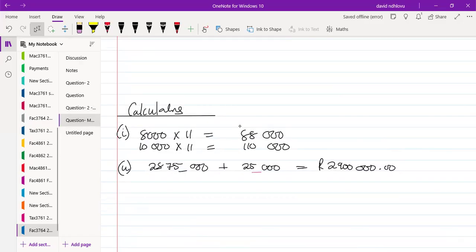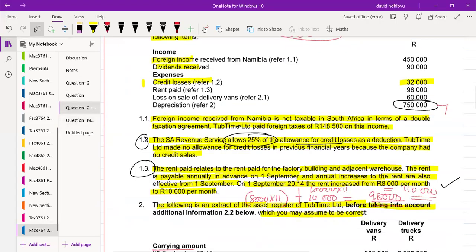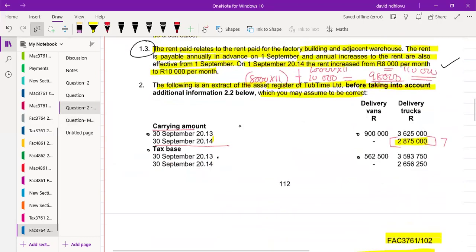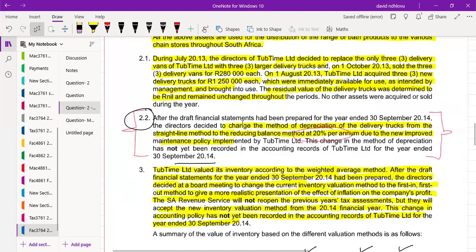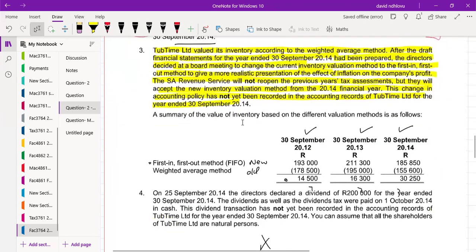Sharp. Then in terms of the tax base, we have to find out what SARS is going to do with regard to this change that we are implementing. SARS has got its own way of dealing with the tax allowance.